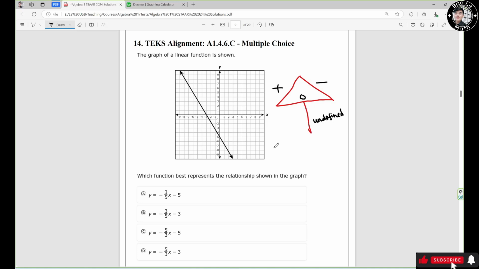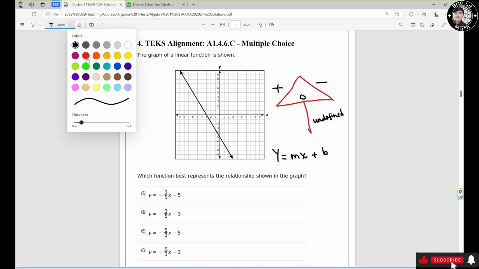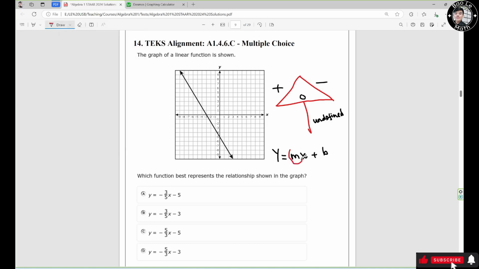You know that the slope-intercept form is going to be y equals mx plus b. Alright, where m is the slope, which means rise over run. b is the y-intercept.